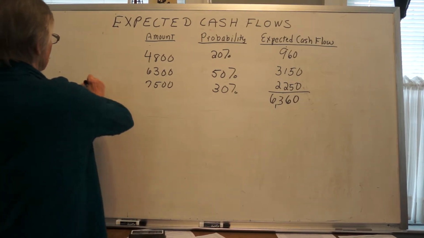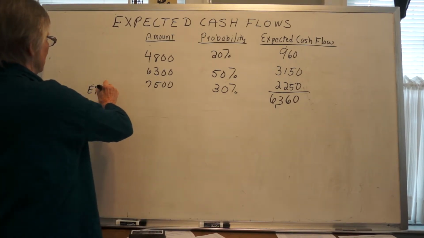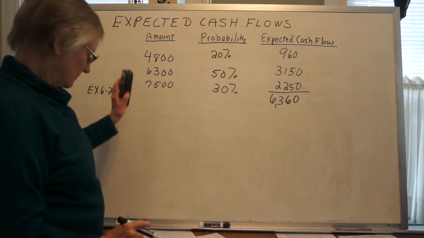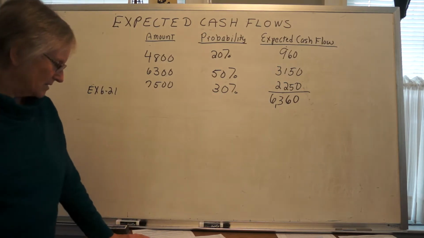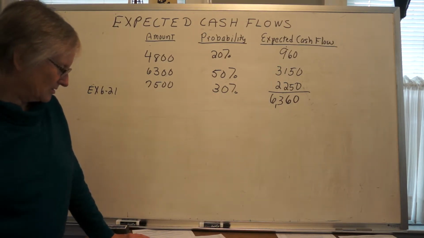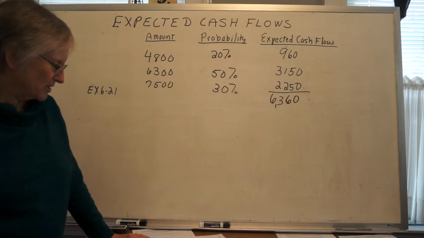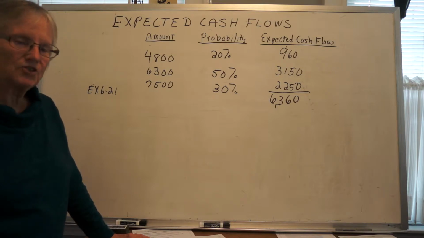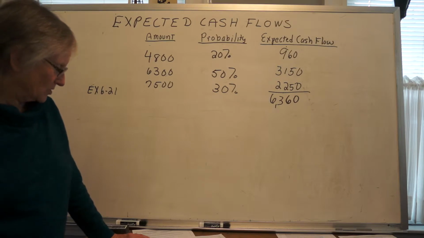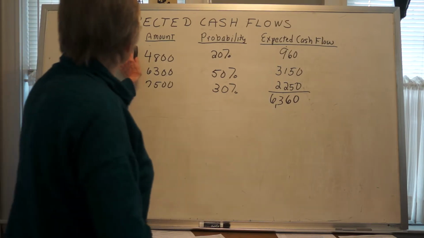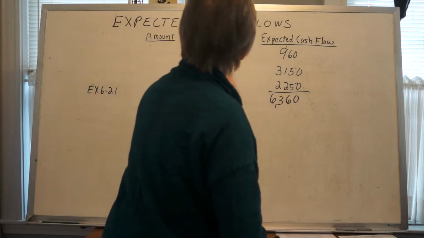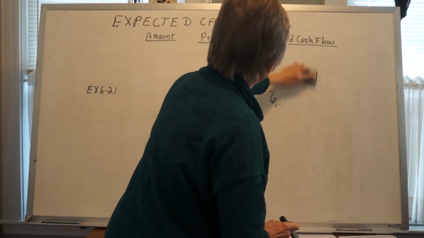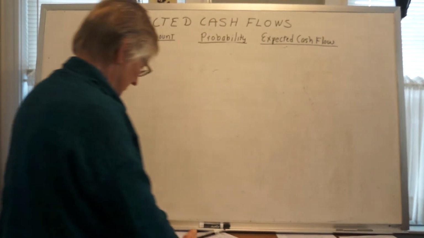They give you exercise 621. Okay, so this is EX 621. And in this one, this person needs to determine how much money he needs to set aside so he'll have enough money in 2 years to overhaul the engine of a vintage car. So he comes up with a bunch of various estimates of how much it's going to cost to overhaul the engine.